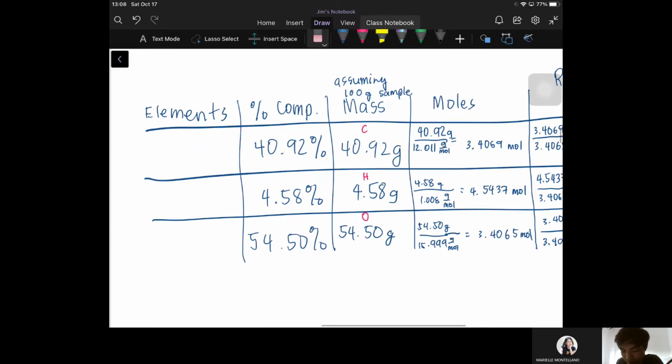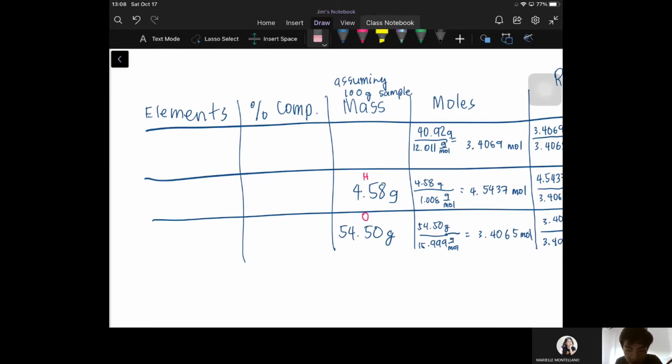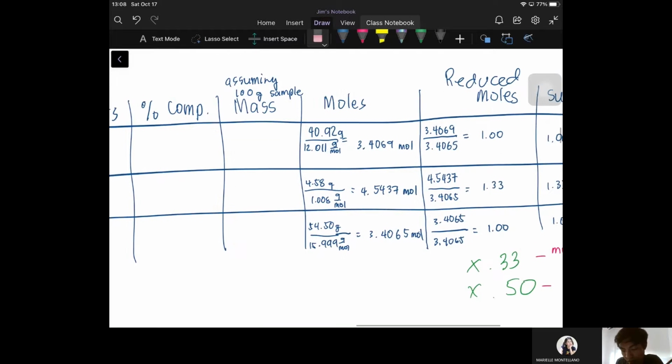Gawa na lang tayo nito. So kagaya ng typical percent composition problems, you have to create this sort of table para matrack mo yung progress sa pagdetermine ng empirical formulas.